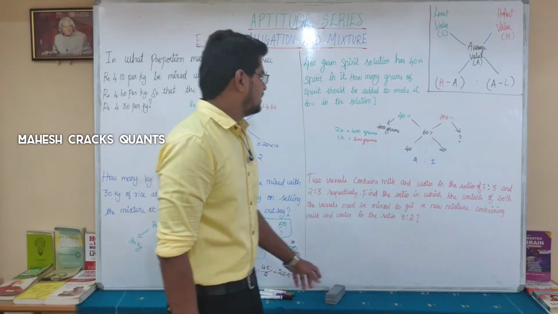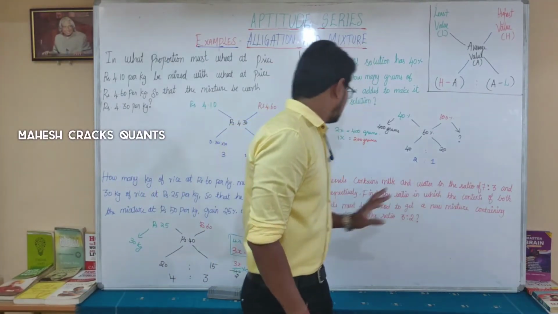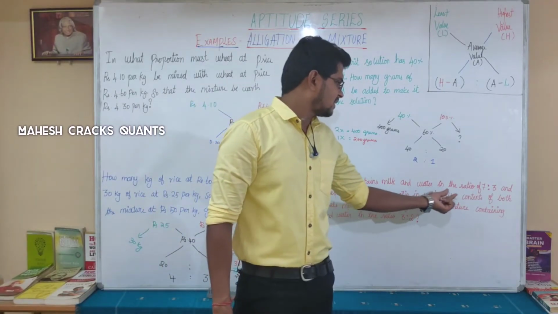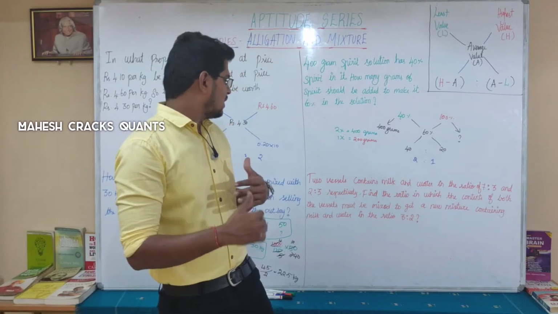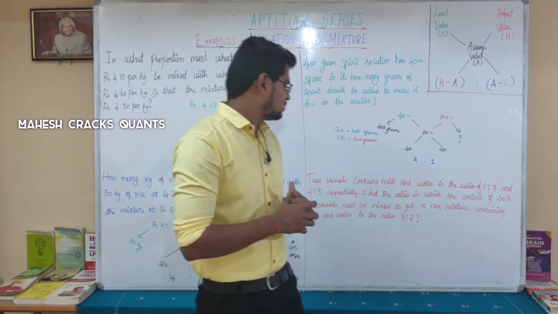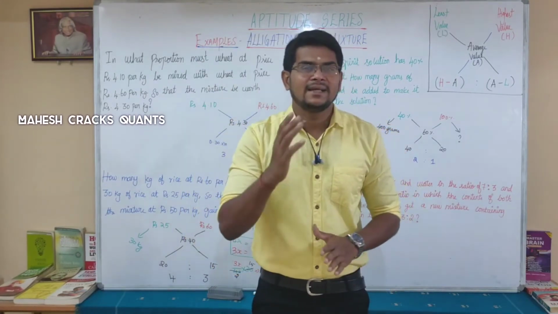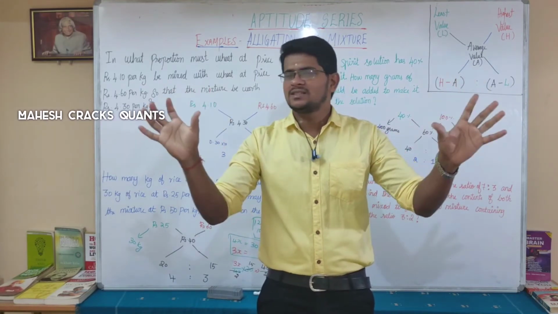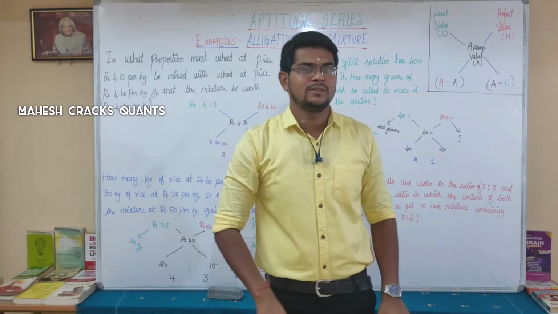Two vessels contain milk and water in the ratio 7:3 and 2:3 respectively. Find the ratio in which the contents of both the vessels must be mixed to get a new mixture containing milk and water in the ratio 3:2. So I said in the previous video itself, two different milk and water mixtures are mixed together to get a new mixture.